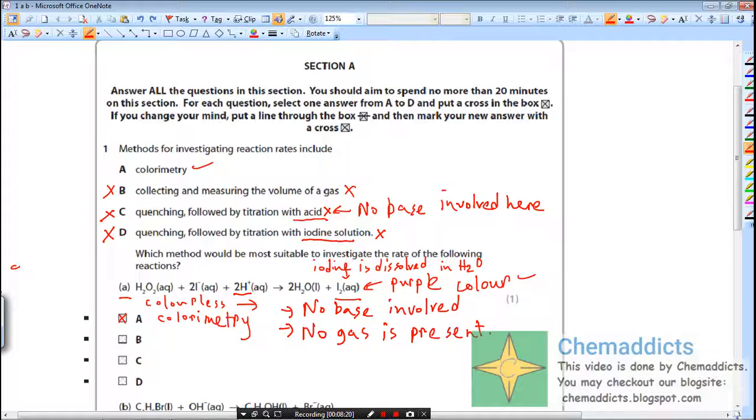As you can see, the word quenching is used here. So let us know what is meant by quenching.